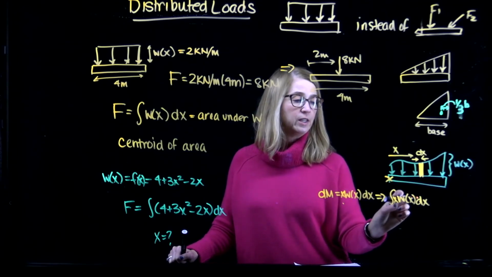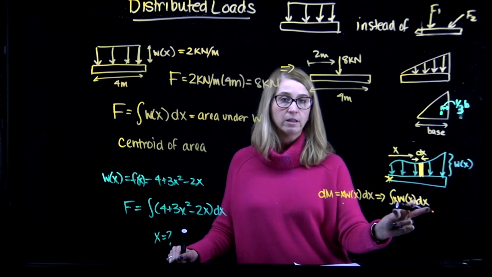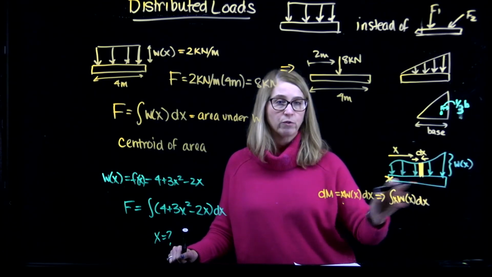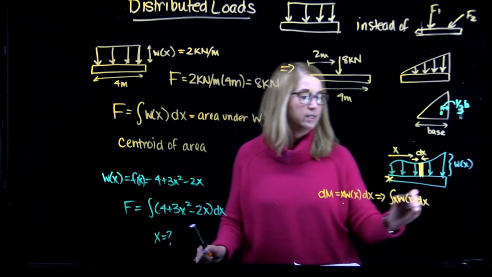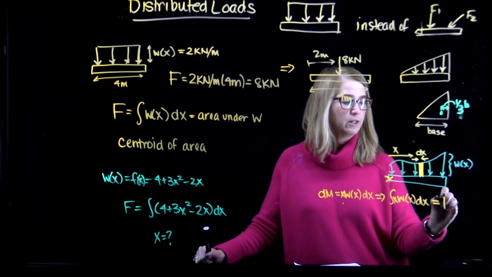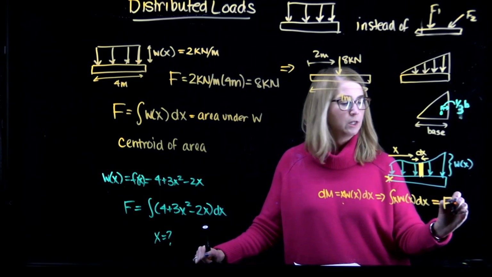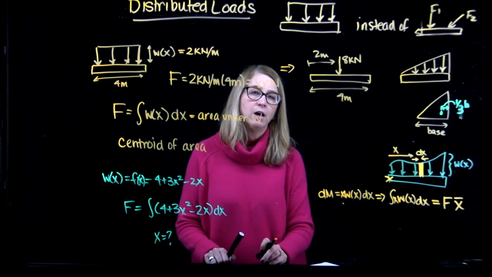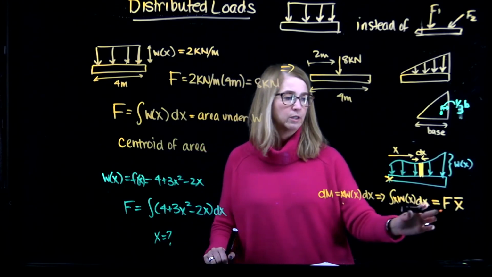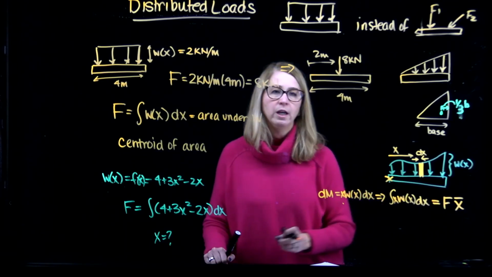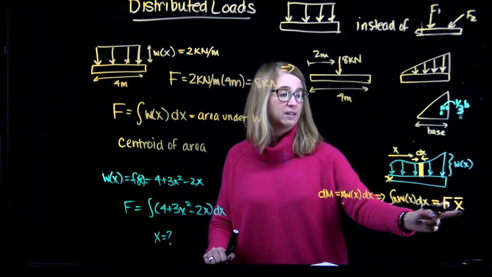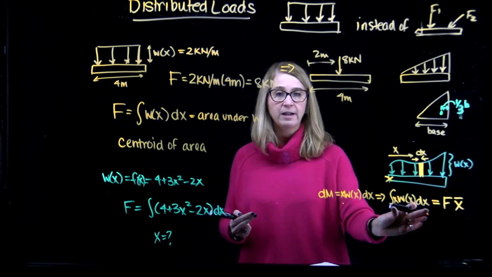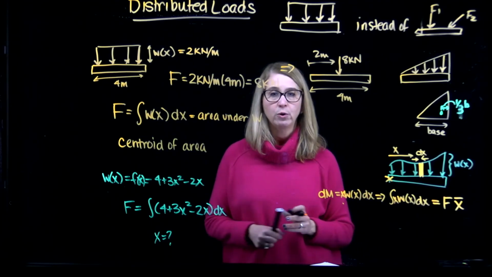If I integrate over the entire length of the beam, that would give me the total moment that all this force creates. And the idea is that I'm trying to figure out the total force times the proper location of where I could put a single force, to create the same effect as the total moment I calculated.